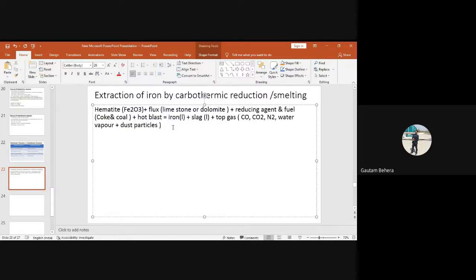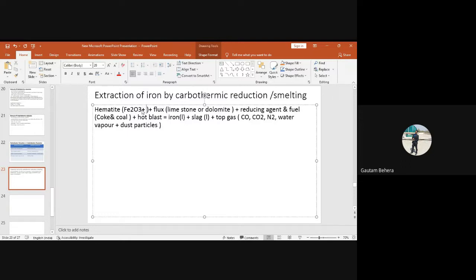This complete reaction gives you the pyrometallurgical process of extraction of iron from iron ore. Iron ore is hematite, Fe2O3, and this is an ore, so hematite will contain Fe2O3 plus gangue.